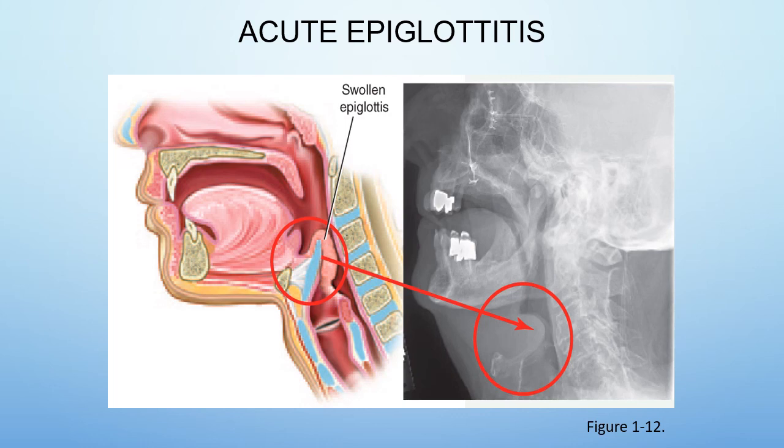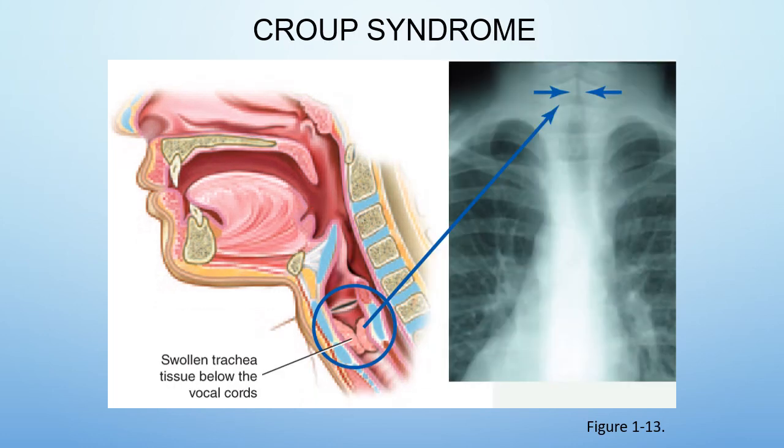Croup and epiglottitis sound very similar when you're listening. They can both create stridor. But if I get this person with acute epiglottitis upset, they can shut off their entire airway, and we'll have to do an emergency cricoidotomy.